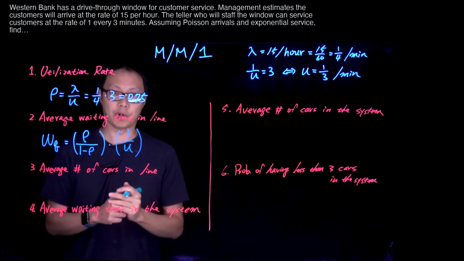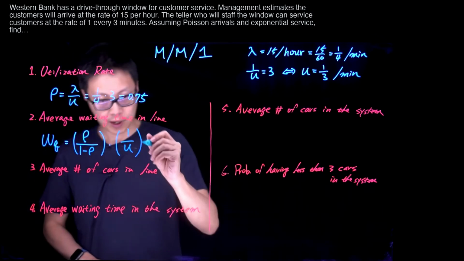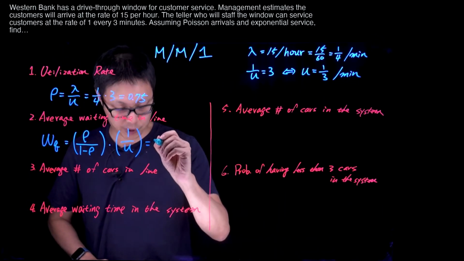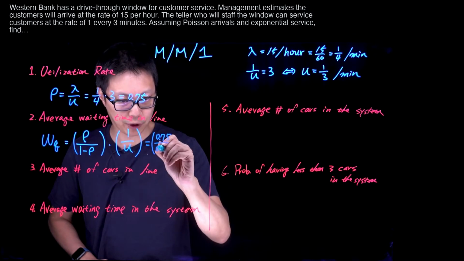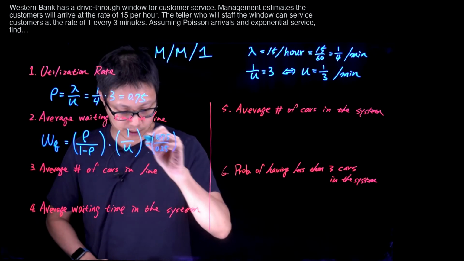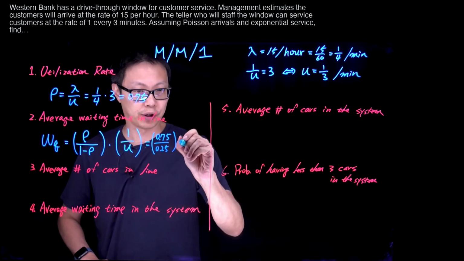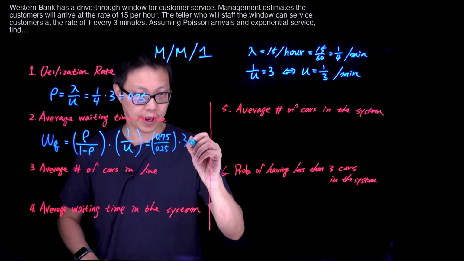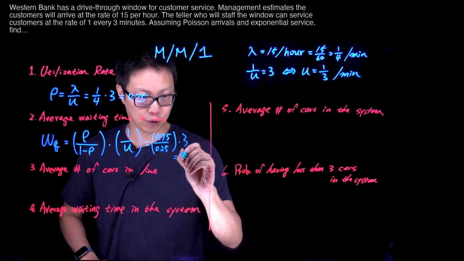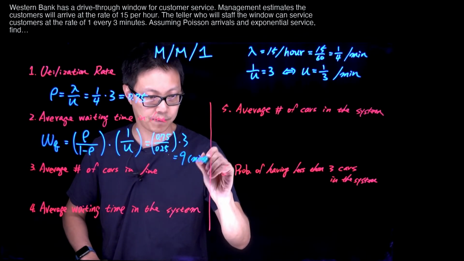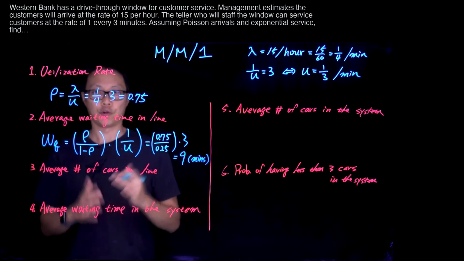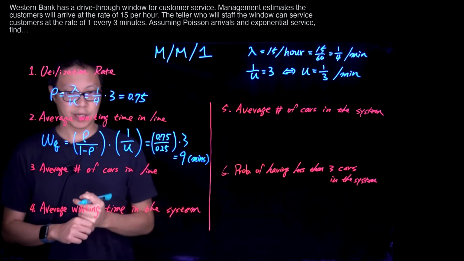You can find the formula on the previous slide. Okay, so we just plug in all the numbers: 0.75 divided by 0.25 times 1 over mu, which is 3, and the answer is equal to 9. The unit will be minutes. So your average waiting time in line will be 9 minutes.